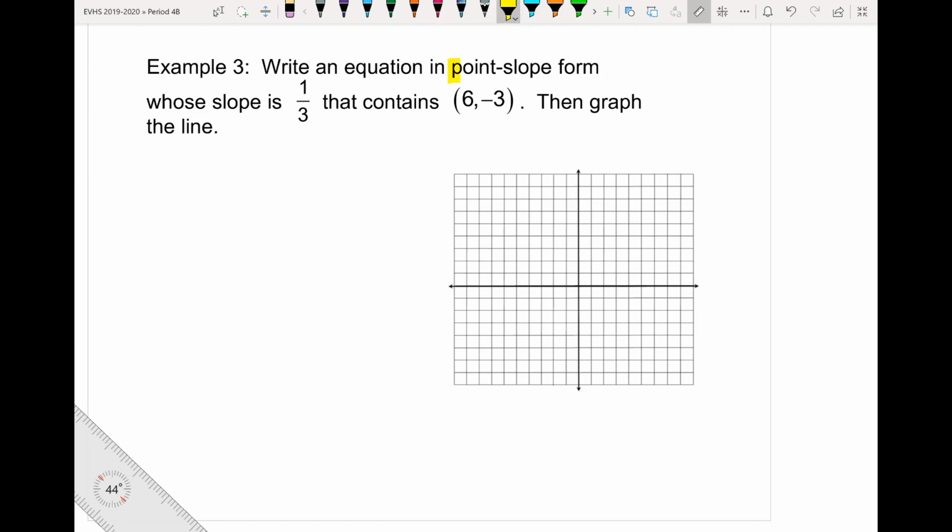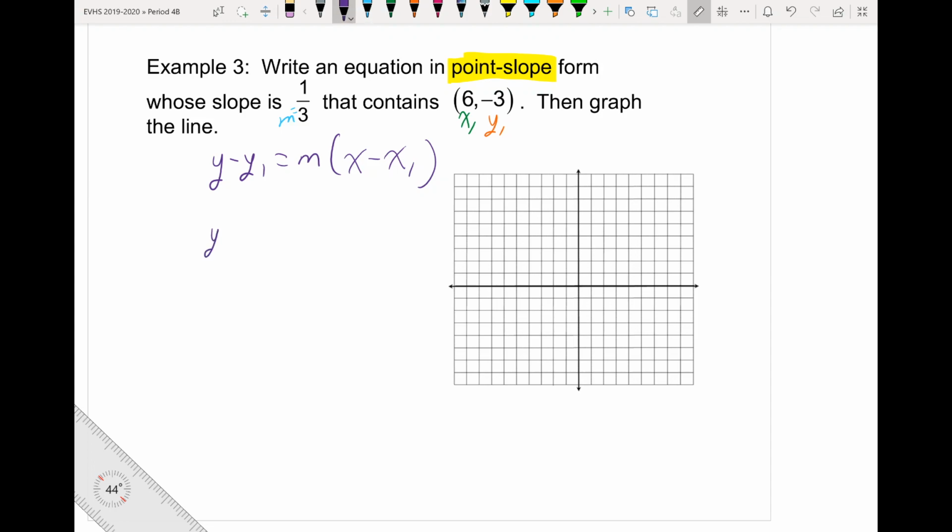Write an equation. This time it asks for point slope. So our point slope formula, y minus y1 is equal to m times x minus x1. Now remember that my points here are x1, y1, and my slope here is m of 1/3.